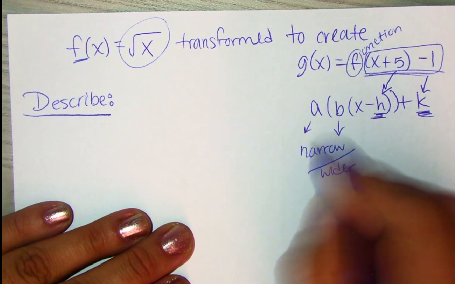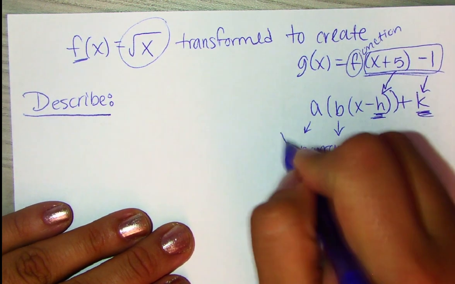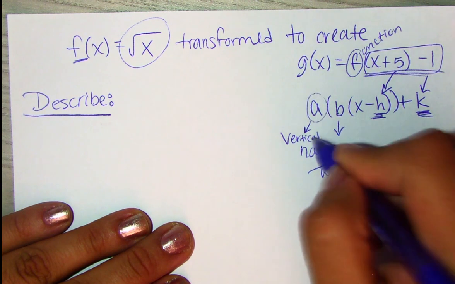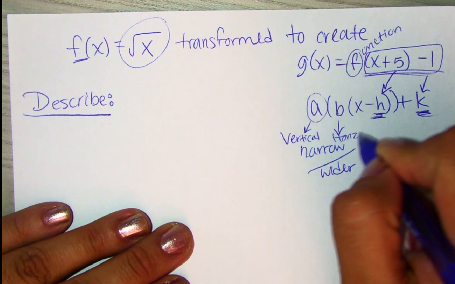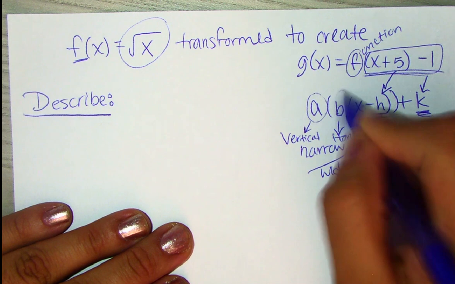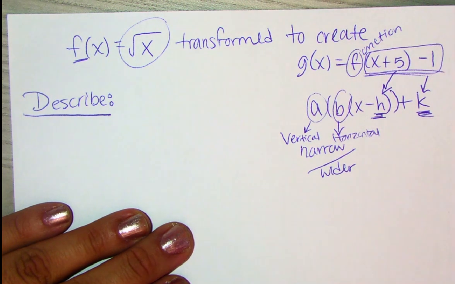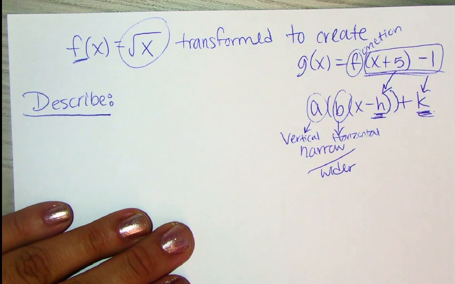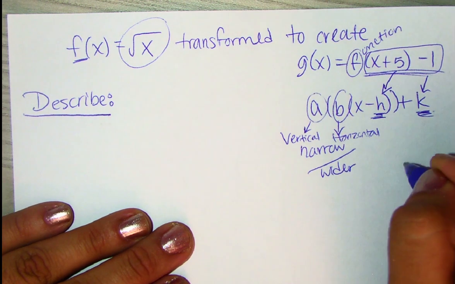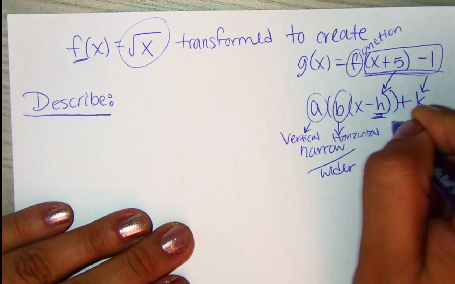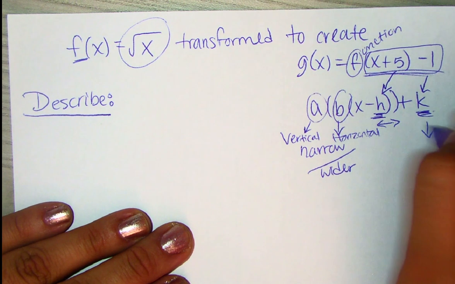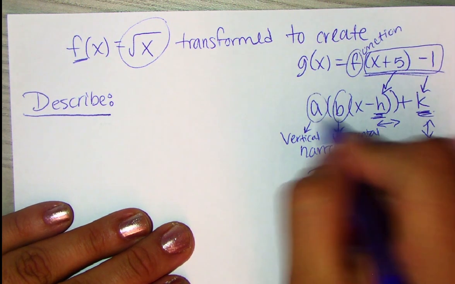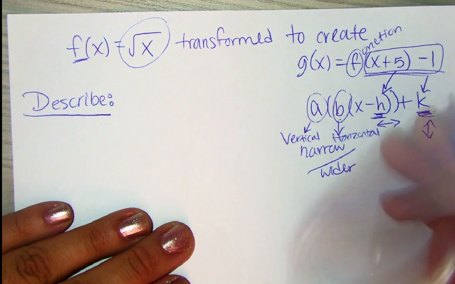But you have to be specific in terms of vertical stretch or compression, that's for the a, or horizontal stretch or compression, and that's the b. The h value and the k value relate to what we talked about, the vertex being a point. These tell you how it shifts left and right or up and down. The a and b values also tell you when it reflects.